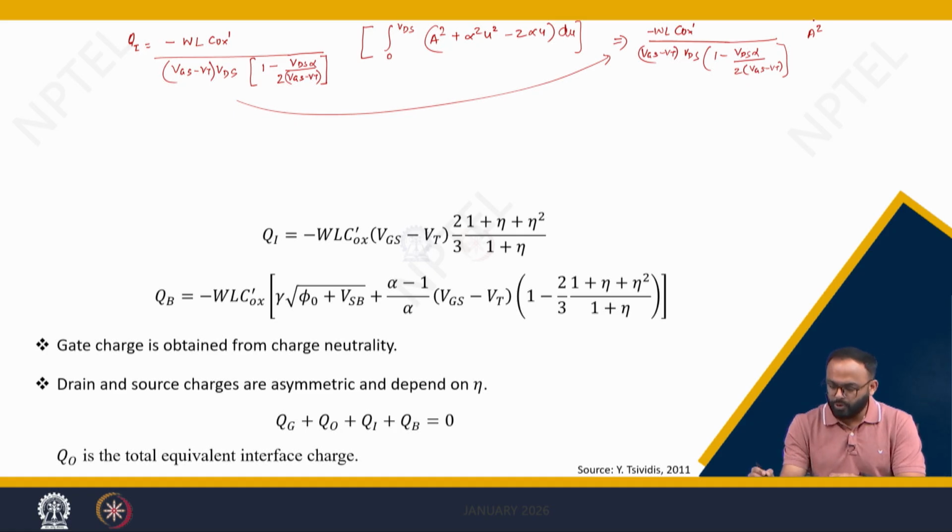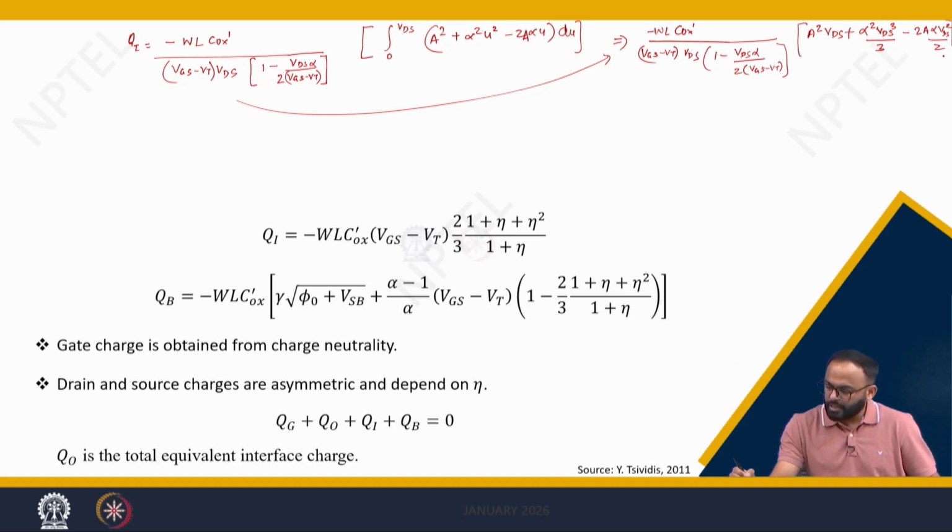Integration of du will give you u, when you put the limit you will get Vds, plus alpha square u cube by 3, means Vds to the power 3 by 3, minus 2 alpha u into A. So, into 2A alpha, integration of u is what, u square by 2, it means Vds square by 2.